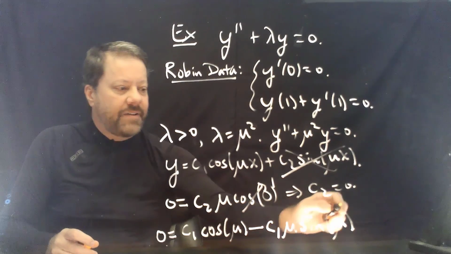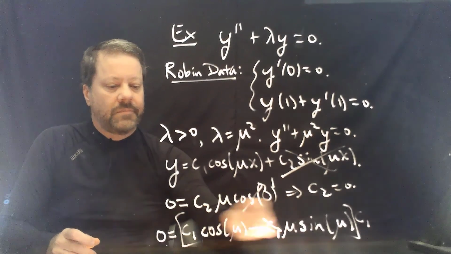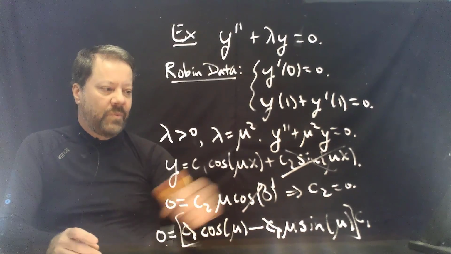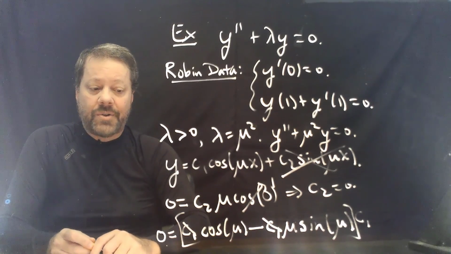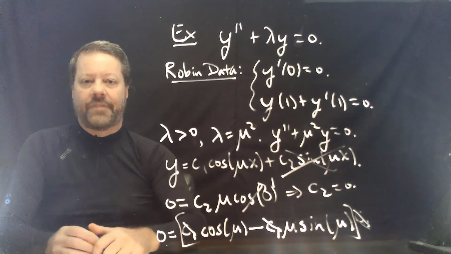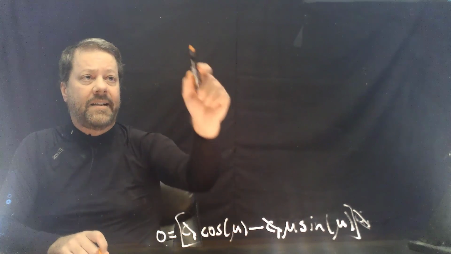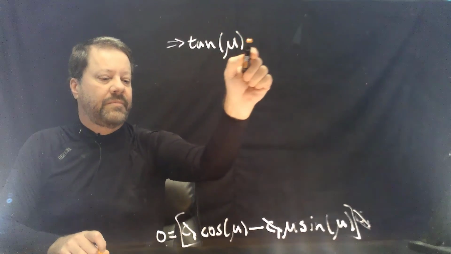We can factor the c1 out. We'll deduce that c1 is not 0, because then we'll just have no interesting solutions at all. So if c1 is not 0, this other condition will have to hold. This last condition amounts to the tangent of mu equals 1 over mu.